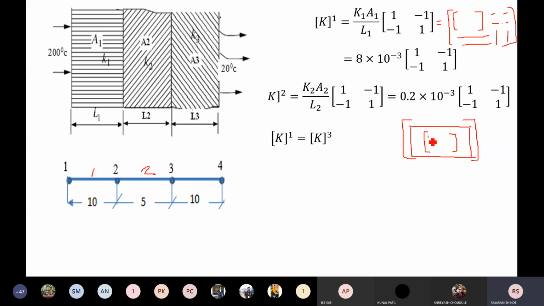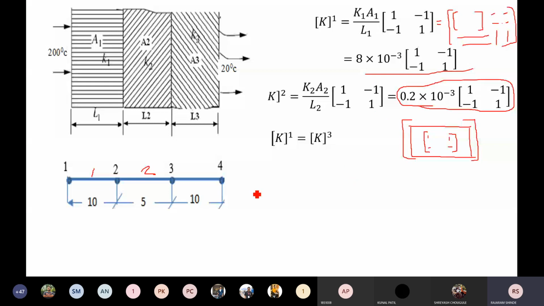Here it is 2 2, 2 3, 3 2, 3 3. Okay, this is for element number 2. That means these terms are at 2 2, 2 3, 3 2 and 3 3.